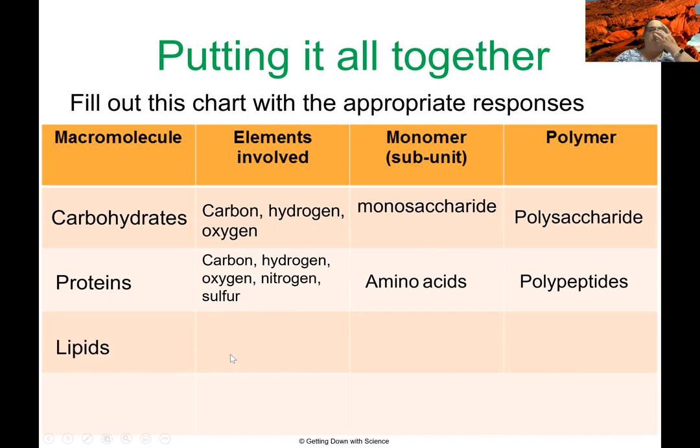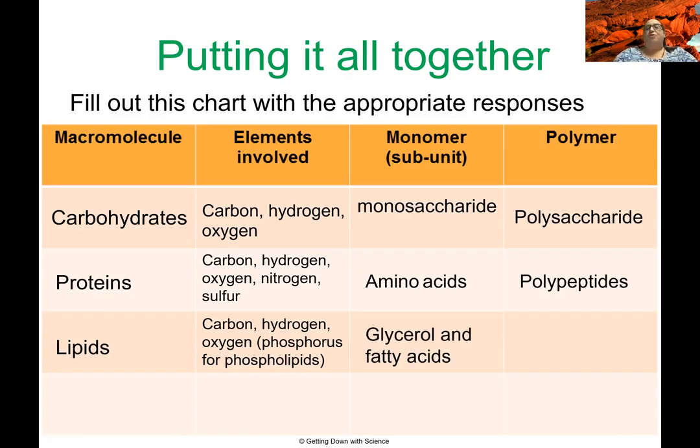Lipids, and remember lipids we said aren't exactly a perfect monomer polymer concept, but the elements are carbon, hydrogen, and oxygen. Those are the key, so it's another CHO, but some of the lipids like phospholipids will also use phosphorus. So we do see some other elements pop in, but our key ones are carbon, hydrogen, oxygen, CHO.